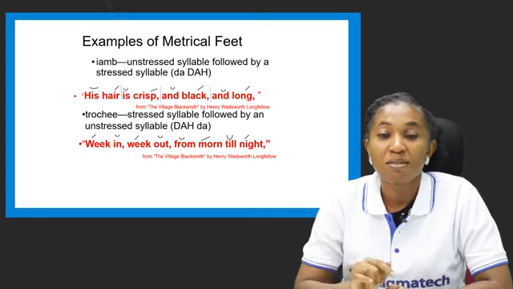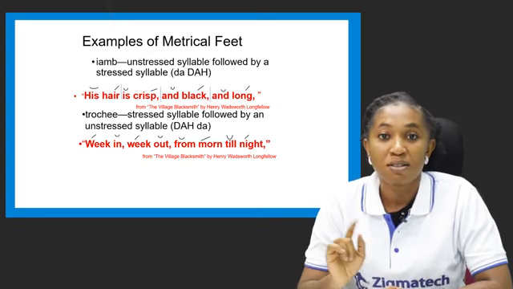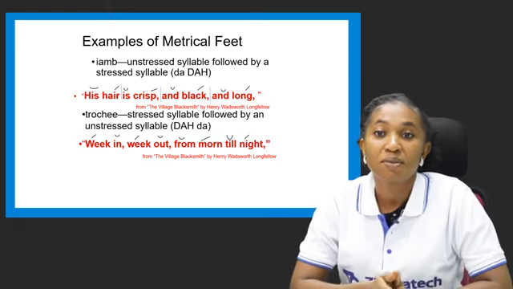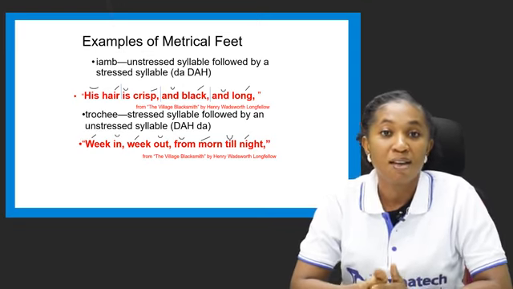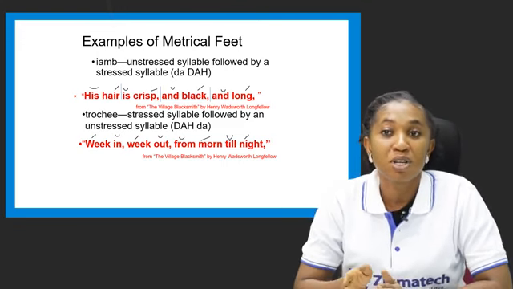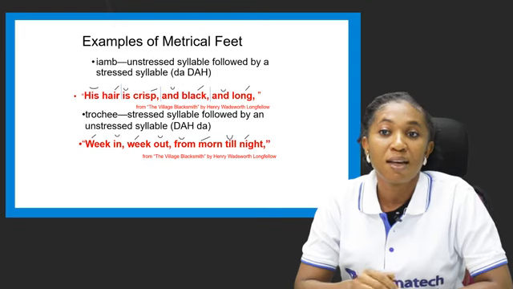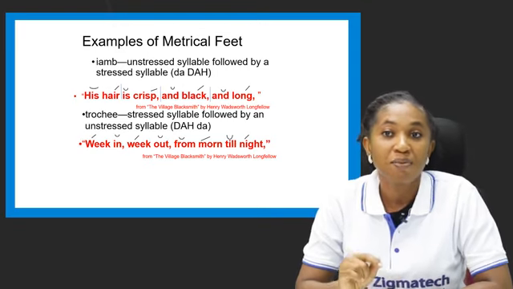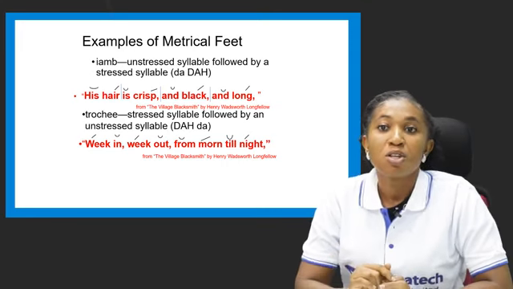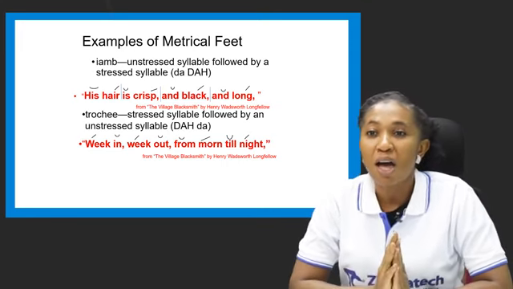Da, da, da, da, da, da. So for example, we have his hair, his hair is crisp and black and long. So we have how many feet here?